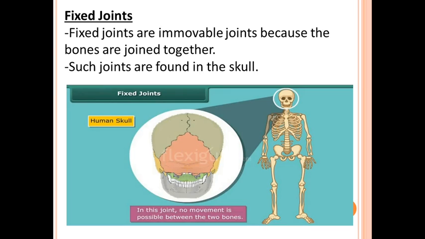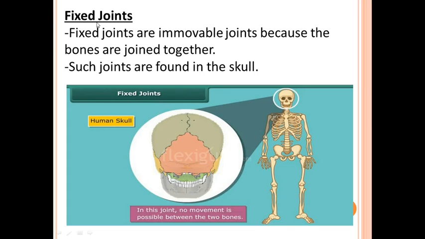And the last joint is the fixed joint, in which the joints are immovable, like in your skull. In the skull, many bones are there that we have learned. Correct? In the skull, how many bones are there in total? 22 bones are there, and these 22 bones are joined together by the joint.